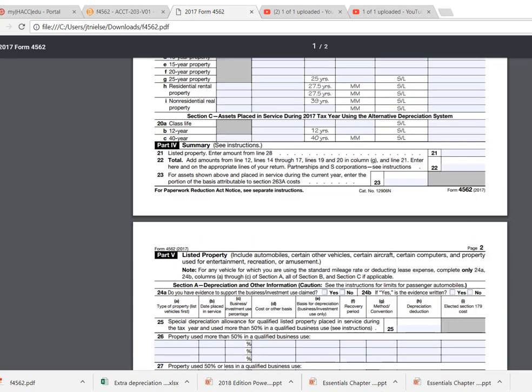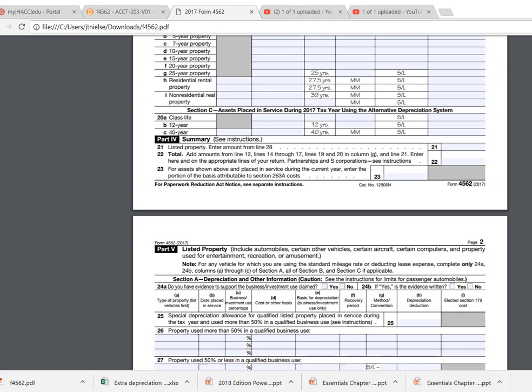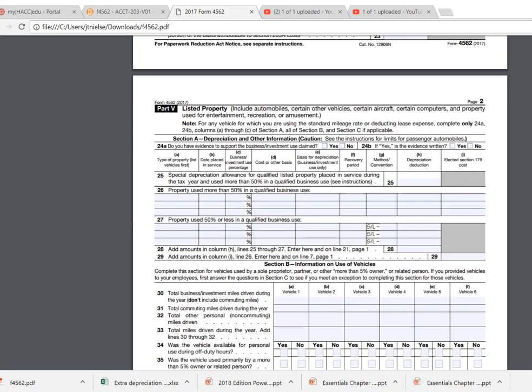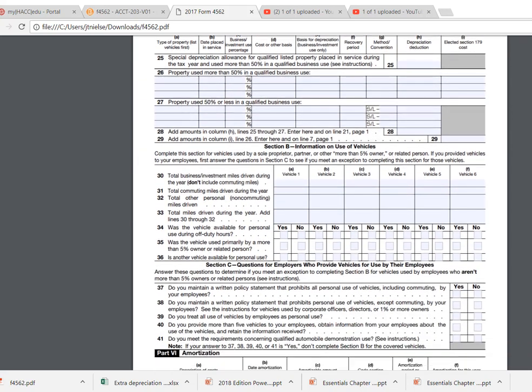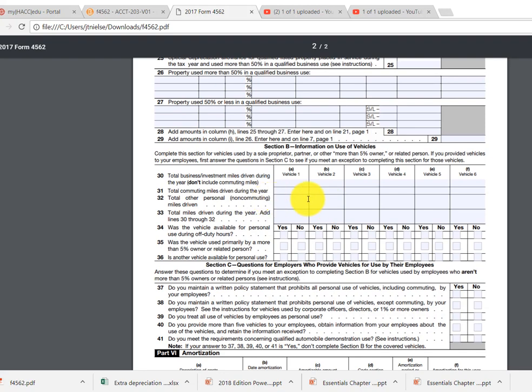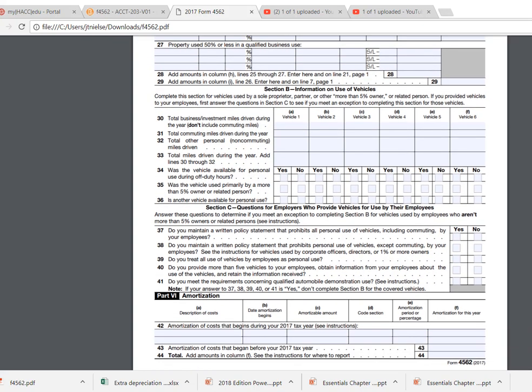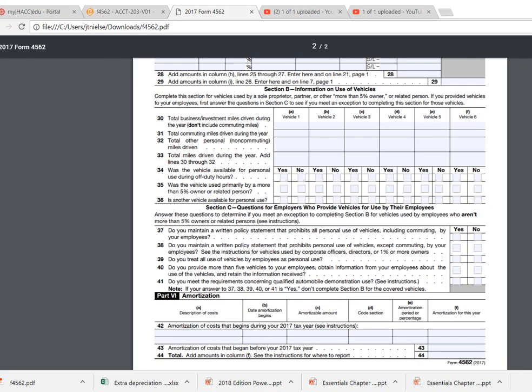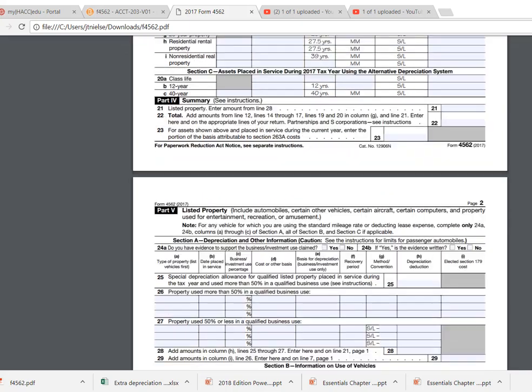So it's a total. Again, the listed property, and a little bit about vehicles and such, is also included because you have to show the IRS that you're using them for business purposes so they can challenge that.